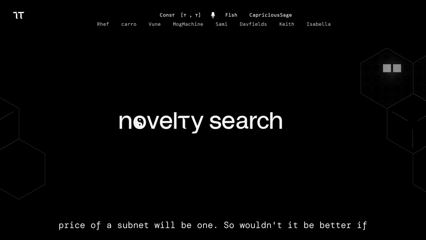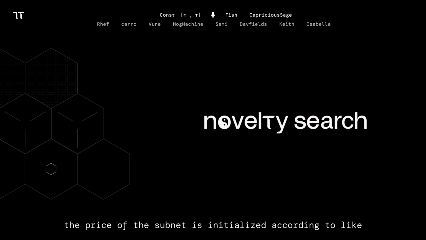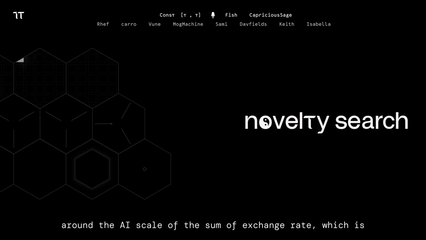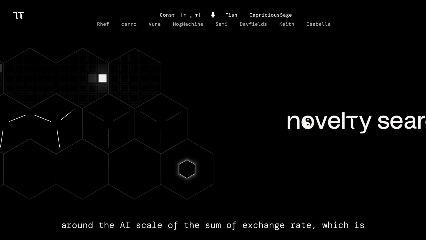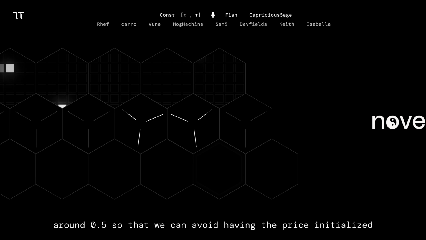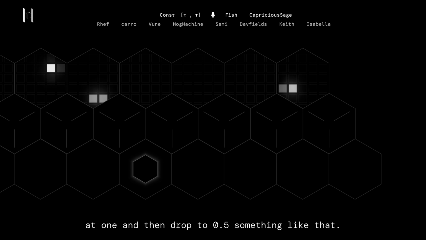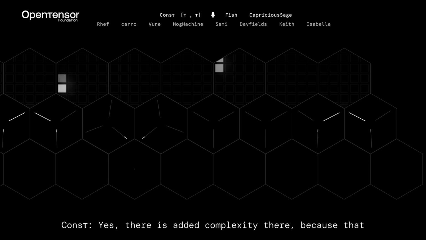So wouldn't it be better if the price of the subnet is initialized according to around the scale of the sum of exchange rates, which is around 0.5, so that we can avoid having the price initialized at 1 and then drop to 0.5, something like that?